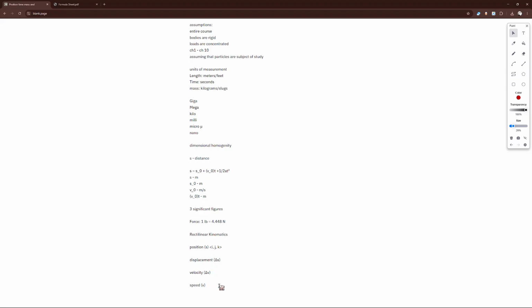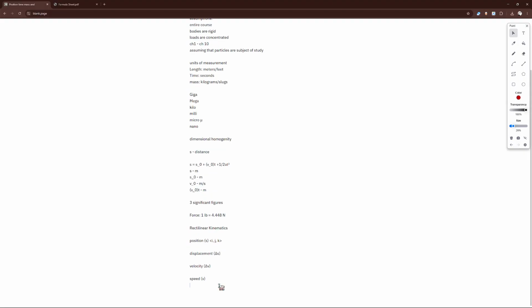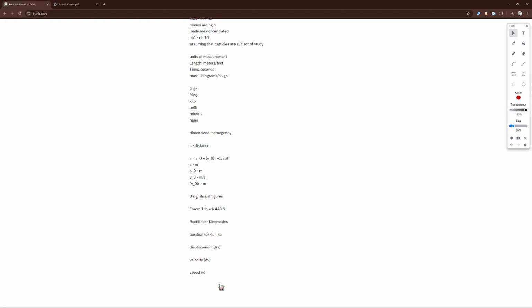So if you have, like, -4 meters per second as your velocity, the magnitude of that is just 4, because magnitude is absolute value. That's what speed is. Velocity and speed are basically derivatives. ds/dt is equal to velocity, so S prime is equal to velocity.